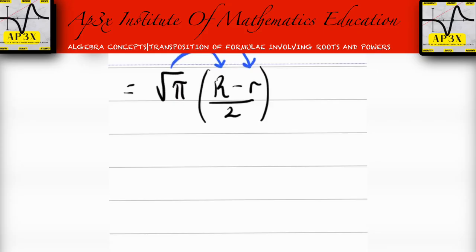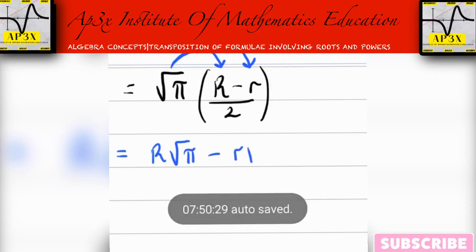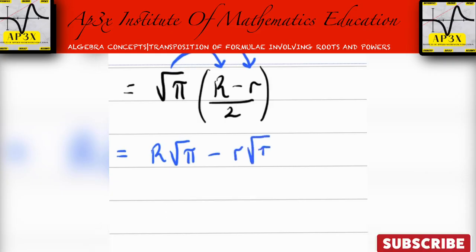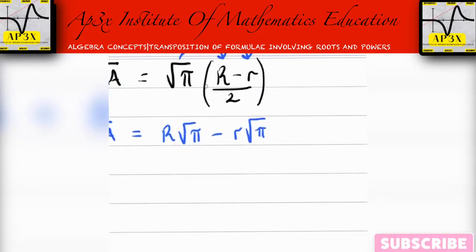So we end up with the square root of A is equal to the square root of pi times R, which is R square root pi, minus the square root of pi times small r, which is small r square root of pi. And then obviously everything is over 2.